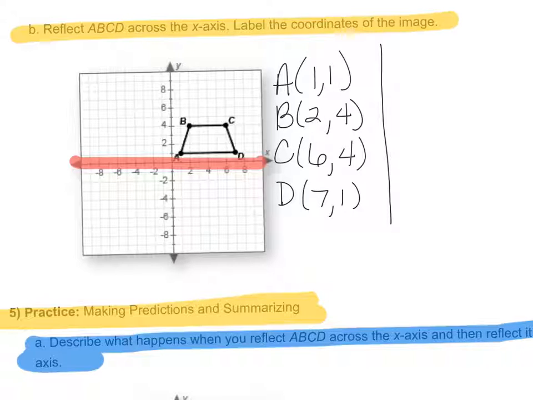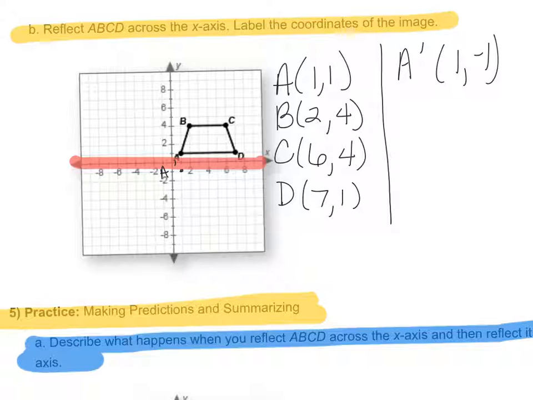So one way to look at it is that the point A is at 1, 1. And since it's 1 point above, it's not going to go left or right. So it's going to be 1 point below that line. So A prime should be at 1, -1. So that should be the location for A prime.